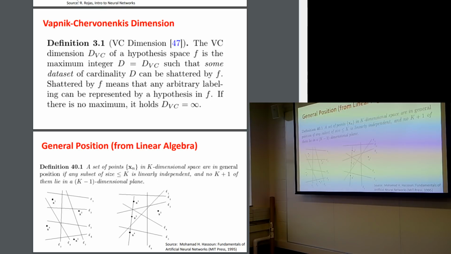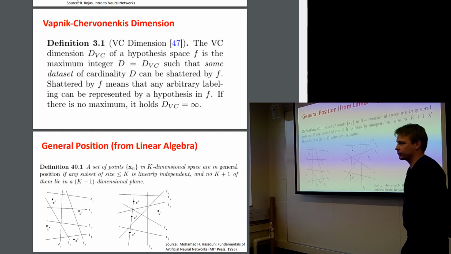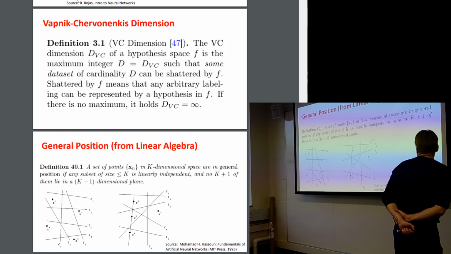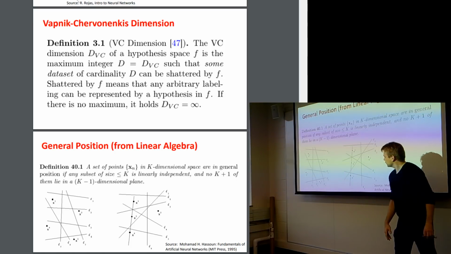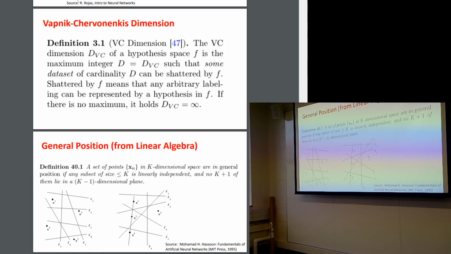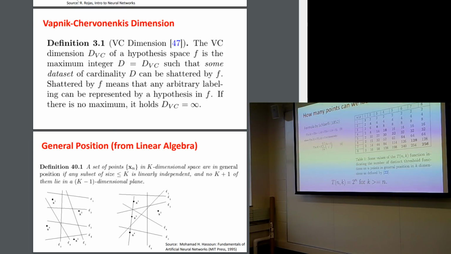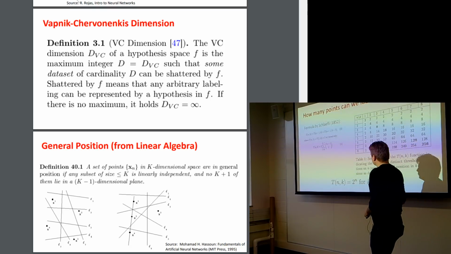Okay, taking a checkerboard pattern is taking a special structure. But anyway, for the single perceptron, that's good enough. For the single perceptron, you can say, okay, in general position, because we only have linear separation, how good can we do?